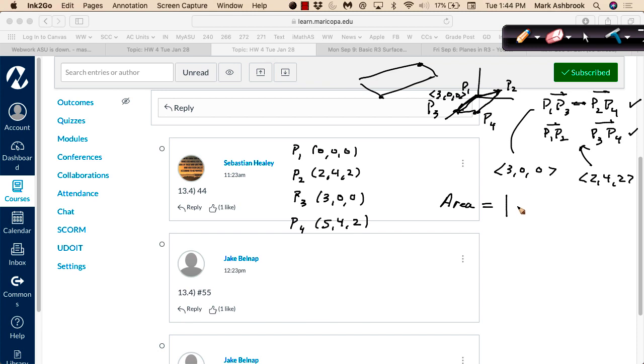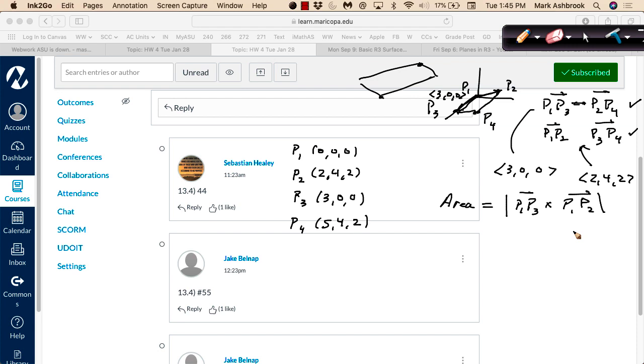So the area is going to be the magnitude of P1, P3 cross P1, P2.